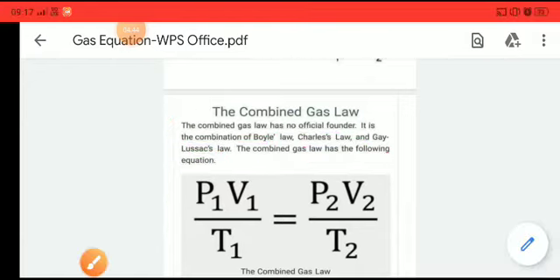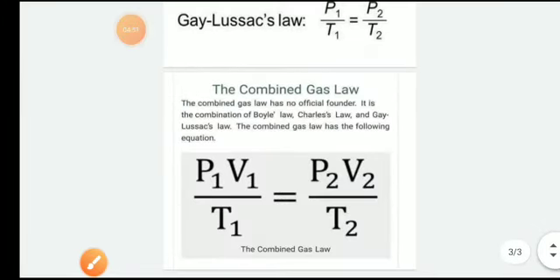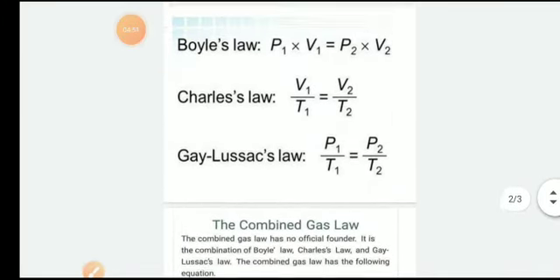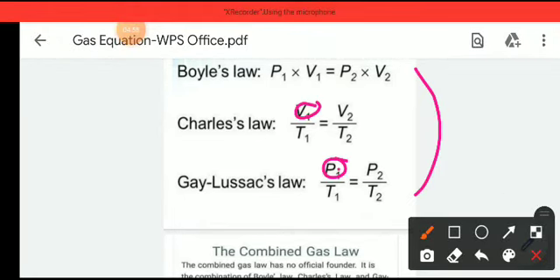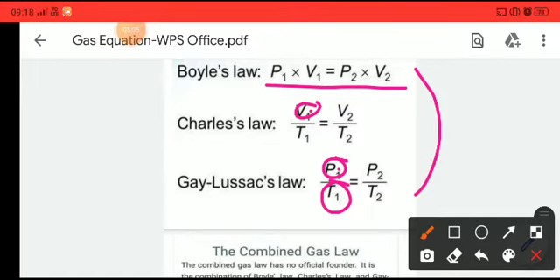And remember one thing: this equation is derived from all these three equations. P1 V1 is equal to P2 V2 comes from Boyle's law, and the V by T relation comes from Charles' law.